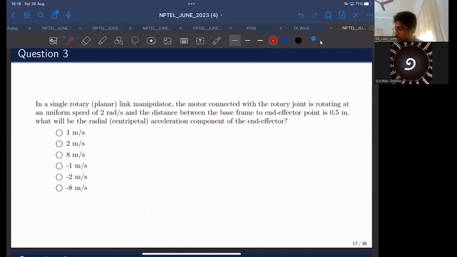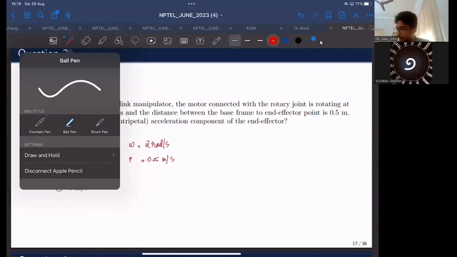So it's a straightforward question. You have been given the angular velocity as 2 radians per second. We also have the distance between the base frame all the way to the end effector as 0.5 meters. And we are asked to find out the radial acceleration component. So what would be the answer?